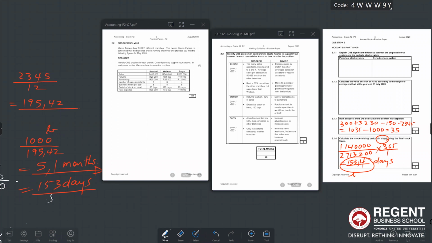So maybe you need to increase your sales assistant, but if you increase the advertising, automatically sales will go up. You need more staff, and obviously if you employ more staff, then sales must automatically also increase.